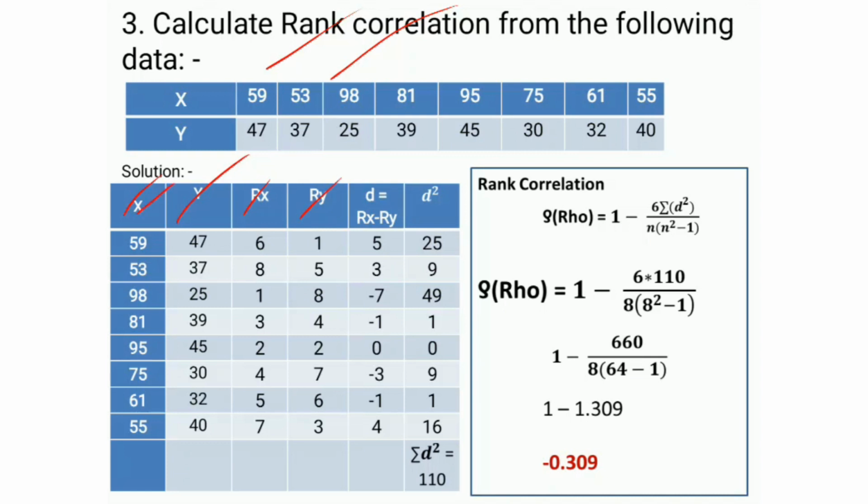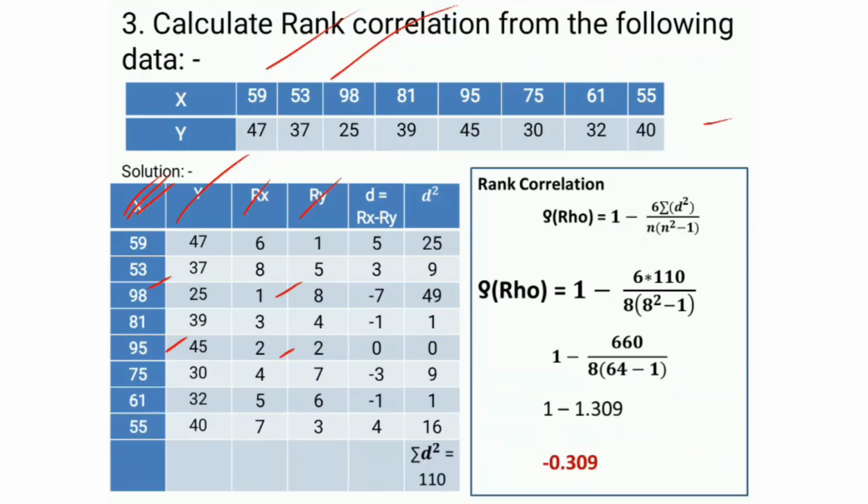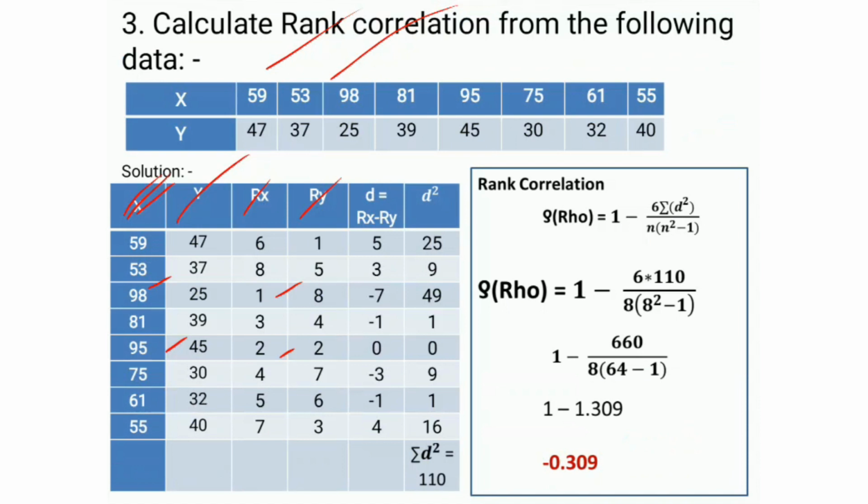Check in the X column, the highest value is 98, so give it rank 1. The second highest is 95, second rank. The third rank is the value 81. 75 is the fourth rank and 61 is the fifth rank.